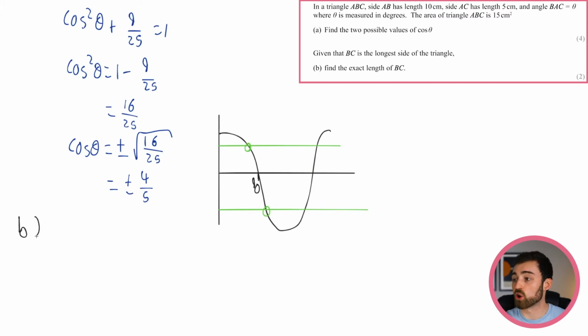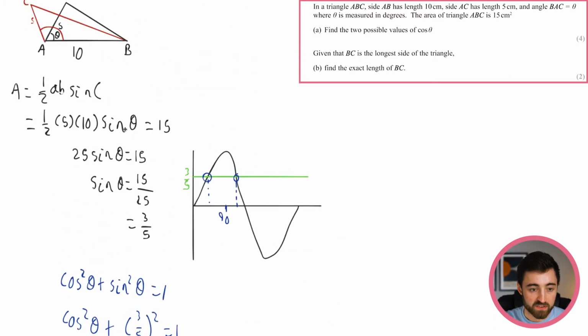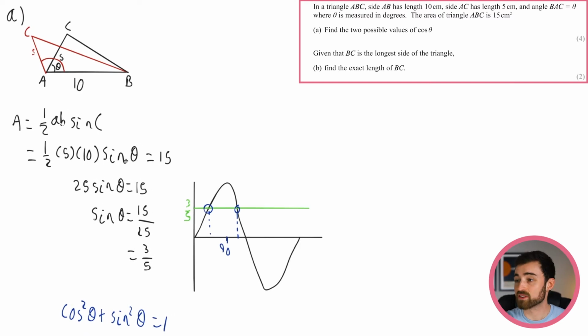Given that BC is the longest side of the triangle, find the exact length of BC. Okay, let's go up to our diagram quickly. If BC is the longest side of the triangle, which configuration do we have? In the black one, BC is not the longest side, is it? 10 is the longest side. In the red one, BC is definitely the longest side.